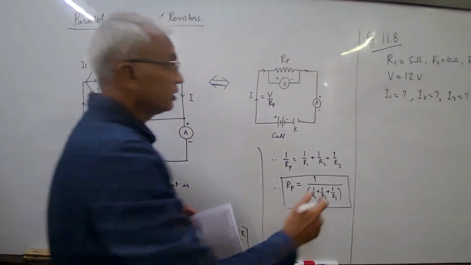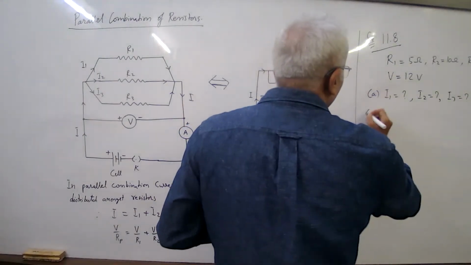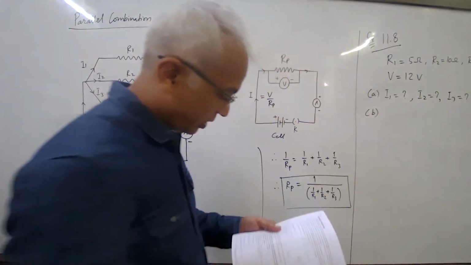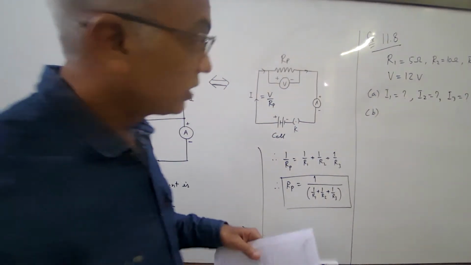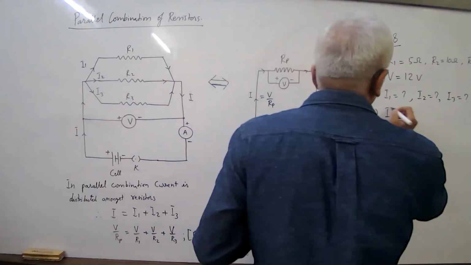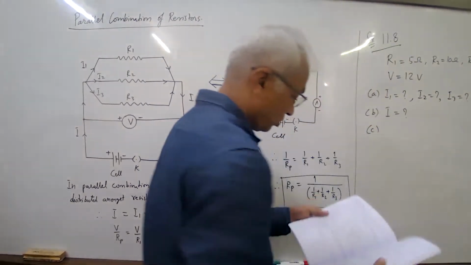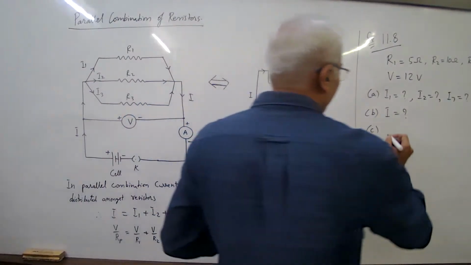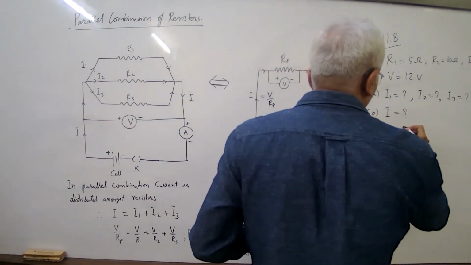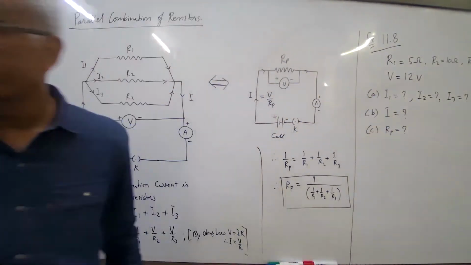This is part A. Part B, you have to find the total current in the circuit. In part C, you have to find the total circuit resistance, that is RP. This is what you have to find.